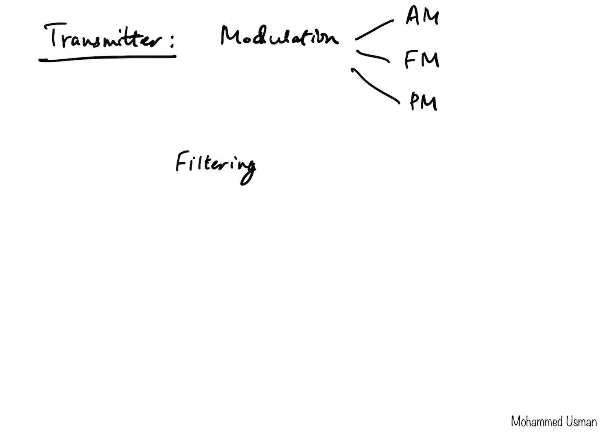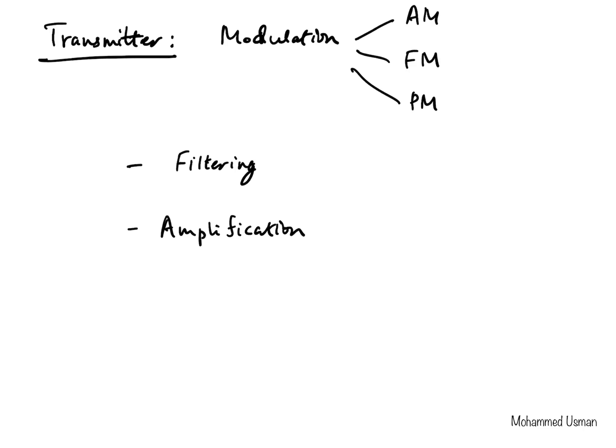If there is any corruption on the signal, we want to minimize that corruption before we even send the signal on the channel, because the channel is going to add more noise and distort the signal even further. So we want to make sure that the signal that we transmit is clean to start with. So filtering is performed for those purposes. Another operation that the transmitter could perform is amplification.